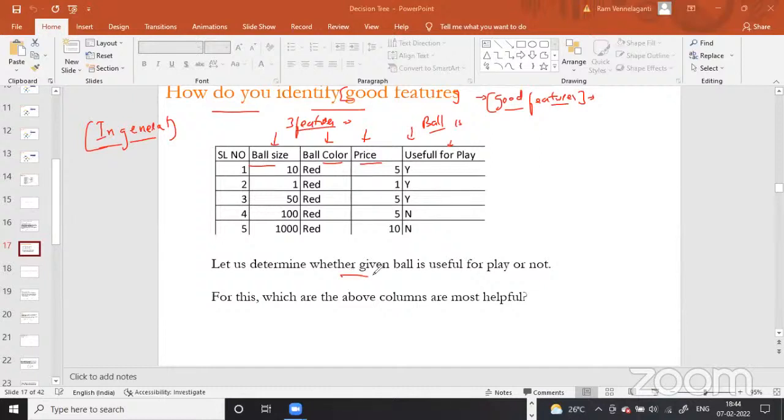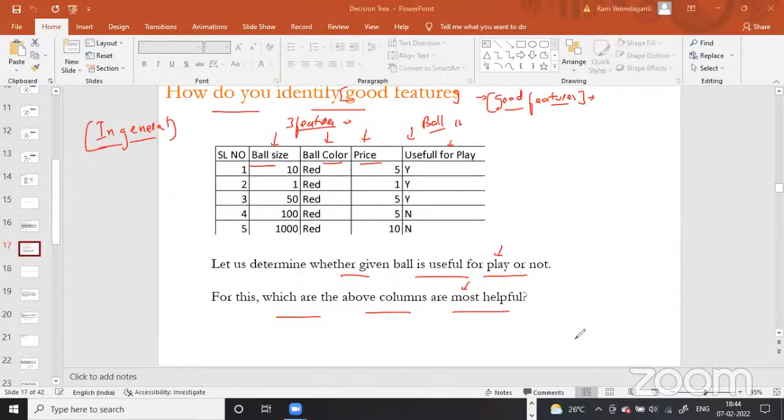So let us determine whether the given ball is useful for play or not. Which among the columns can you consider as the most helpful column, the most important column, which is going to give us the information whether the ball is going to be useful for play or not?